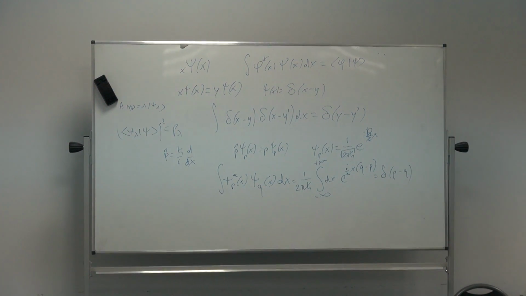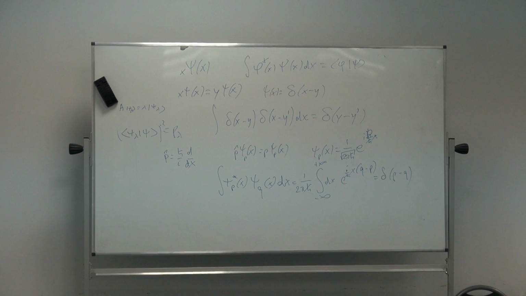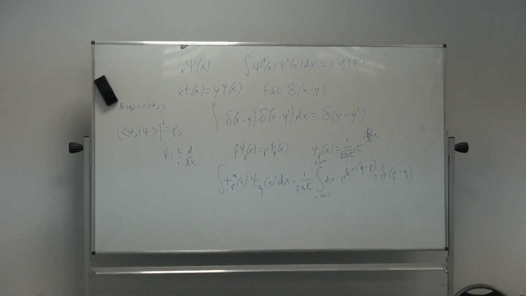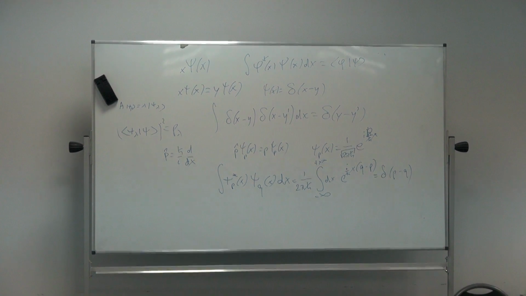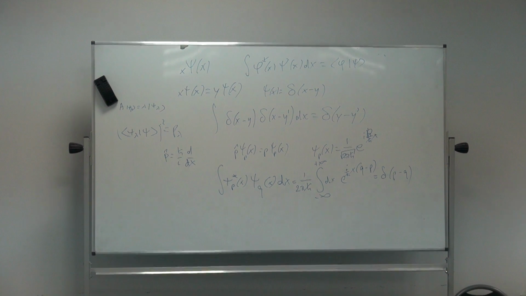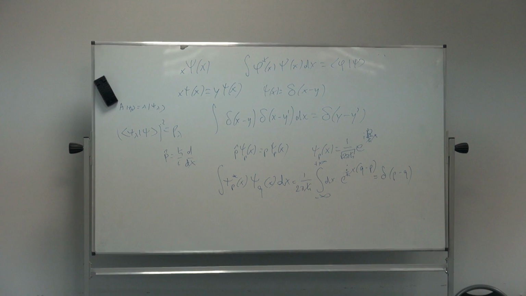So in other words, these generalized eigenvectors of the momentum operator that correspond to different eigenvalues, if p is not equal to q, are orthogonal. But if I set p equal to q, then I'm in trouble. I get infinity, and that's one of the trademarks, so to say, of unbounded operators, of p belonging to the continuous spectrum.